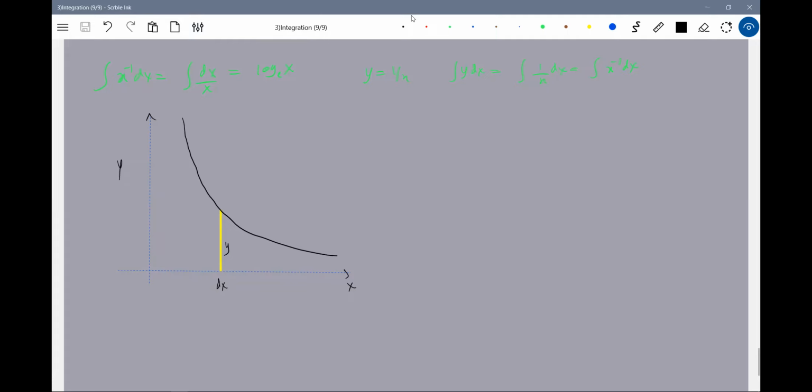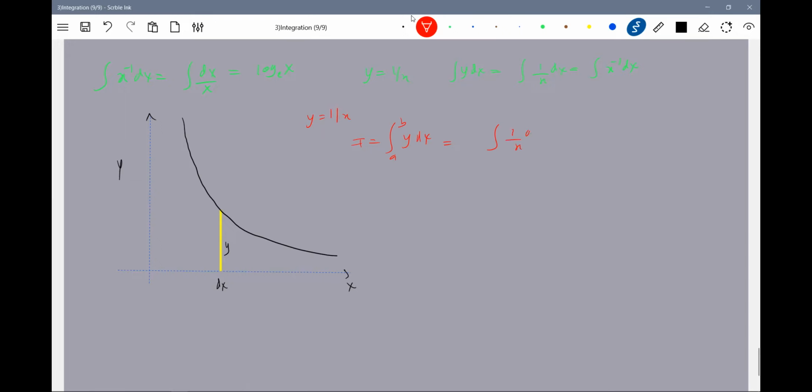Sir, if I put limits, then what are you going to do? We'll take the same function with limits: integral of y dx, where y equal to 1 by x. Limits are a to b. So in place of y, I'll substitute 1 by x.